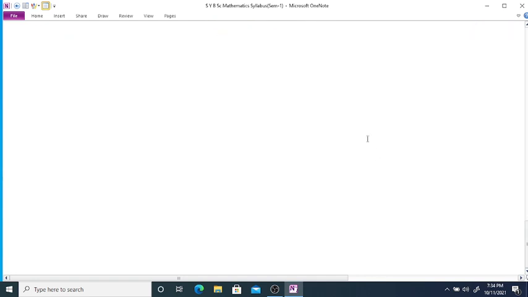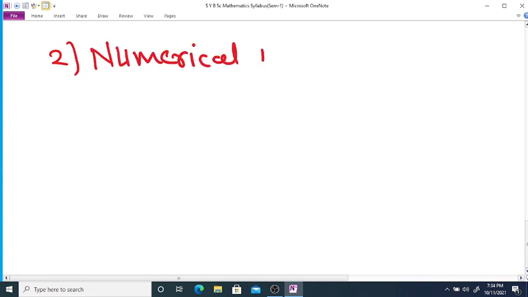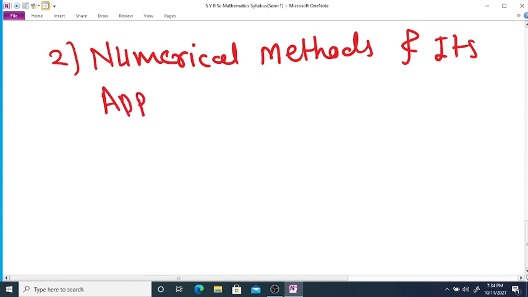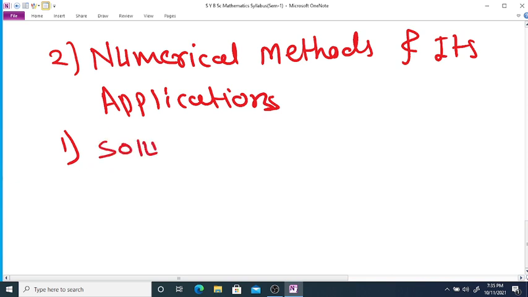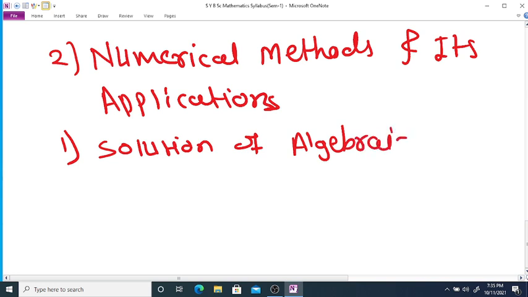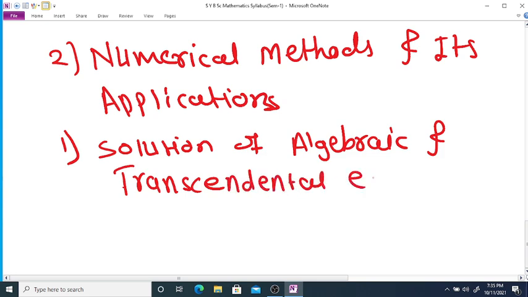In course number 2, that is numerical methods and its applications, here first chapter is solution of algebraic and transcendental equations.